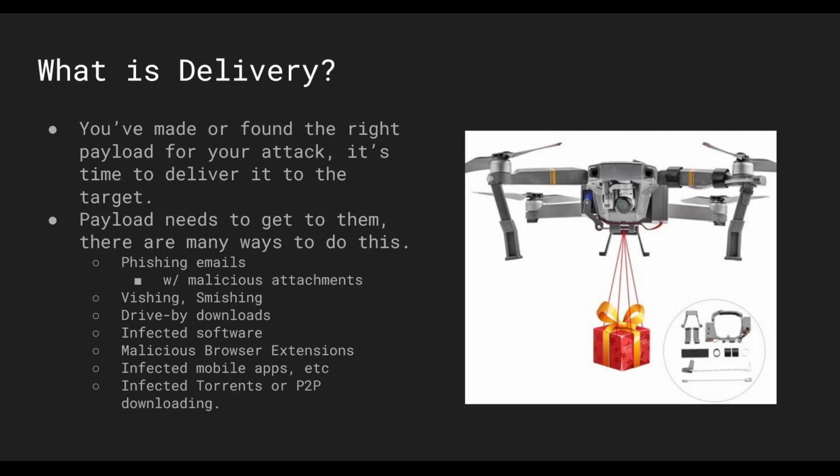Then there's vishing and smishing. Those are super funny words, but vishing is basically voicemail or just phone call phishing, so over the phone, that kind of stuff. It's surprisingly easy to do that type of thing. You can just download apps on your phone to essentially spoof your phone number.